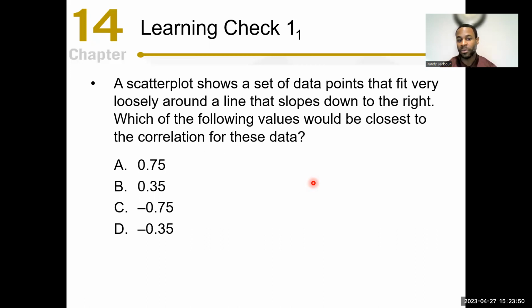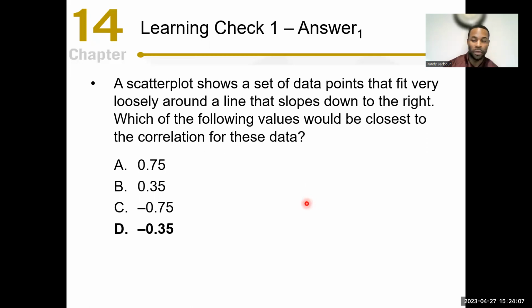And down and to the right means I'm looking at a negative correlation. So if you pause the video, you should get a negative 0.35. Again, very loosely around a line that slopes down and to the right is negative, and the strength of the correlation is very, very weak.